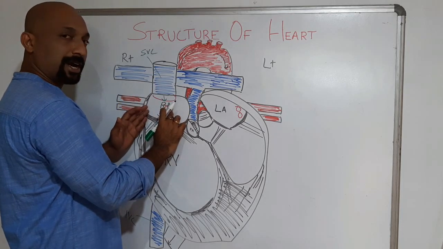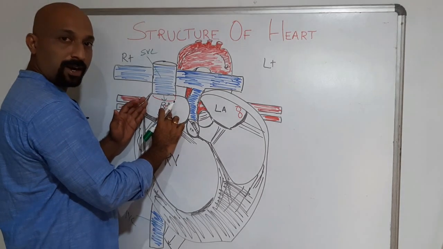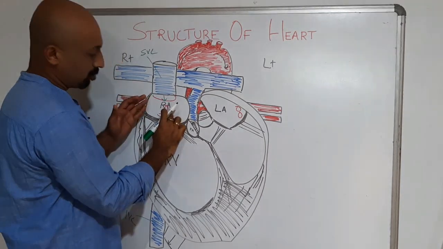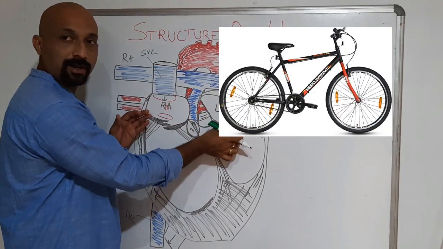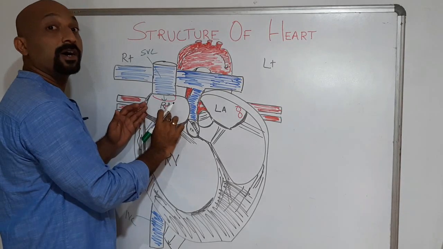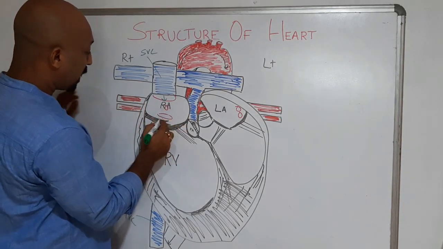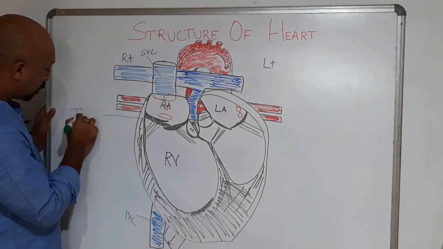On the right side it is the tricuspid valve. For example, if you want to start learning cycling, first you learn on a tricycle, then only you go to the bicycle. Same like this, the tricuspid valve is always on the right side. In the name itself there is a mnemonic. Tricuspid valve.